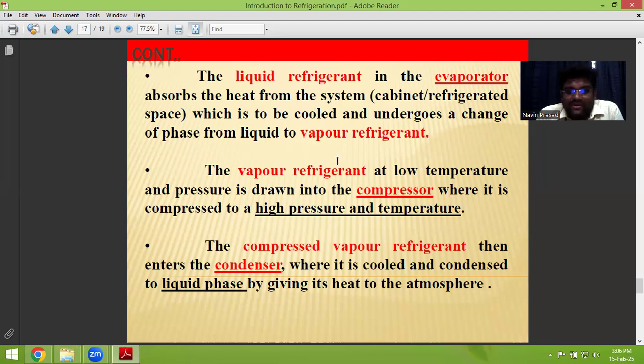The vapor refrigerant at low temperature and pressure is drawn back to the compressor, where it is compressed and its temperature and pressure get high. The compressed vapor then enters the condenser, where it is cooled and changes phase from vapor to liquid by removing heat, and the removed heat is passed to the atmosphere.